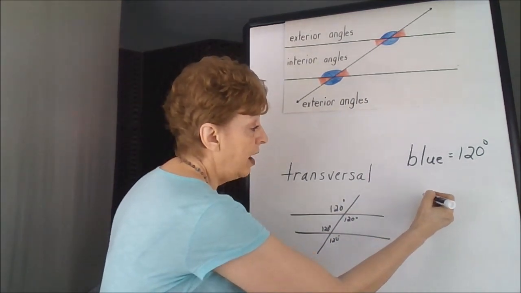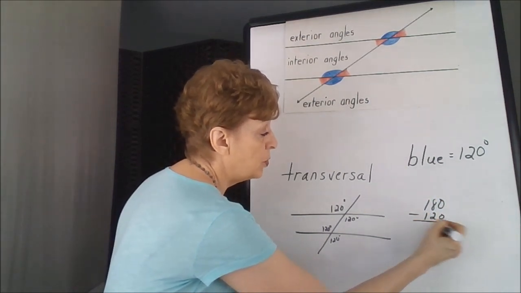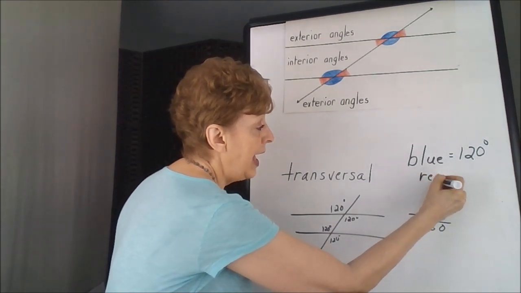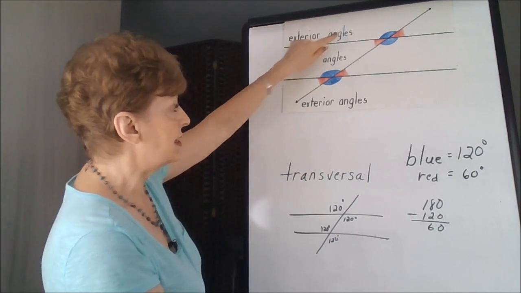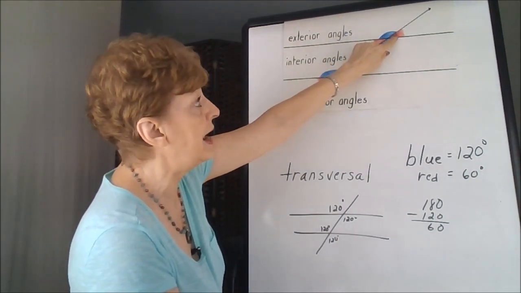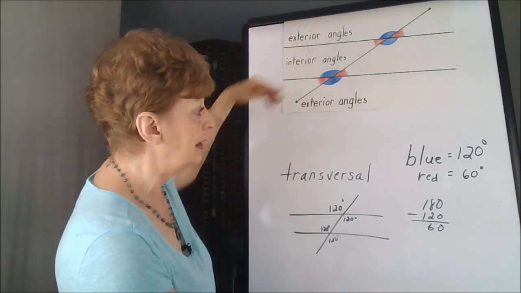If we take our 180 and subtract off the 120, we would realize that our red angle had to equal 60 degrees, because 120 plus 60 is 180, and that is the measure of the straight line.